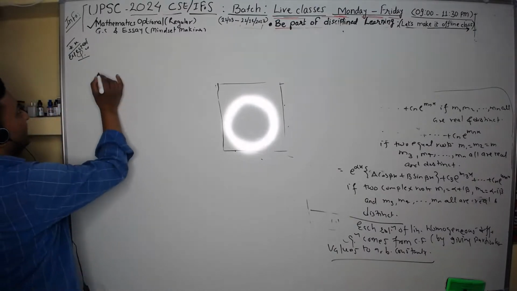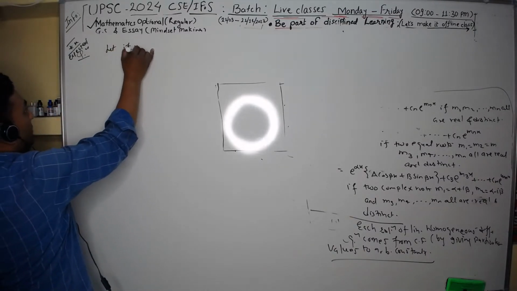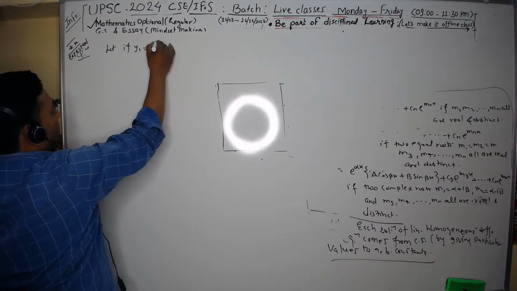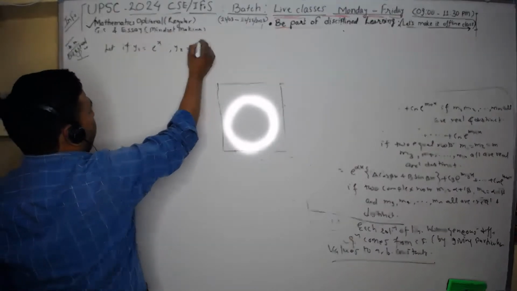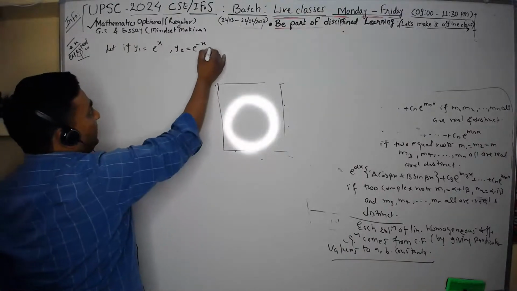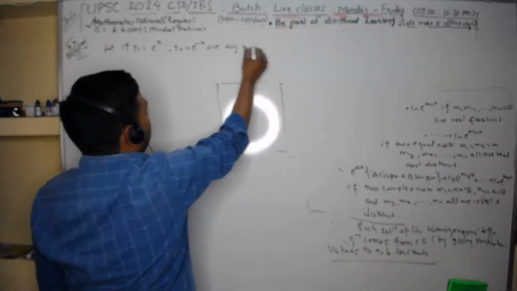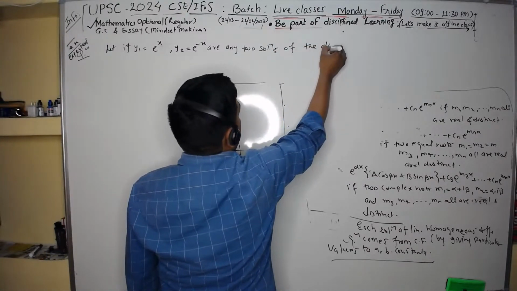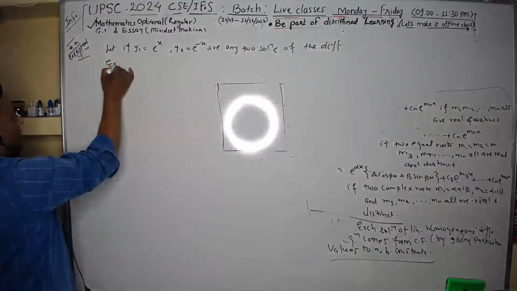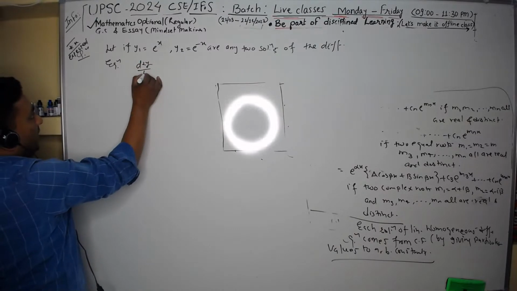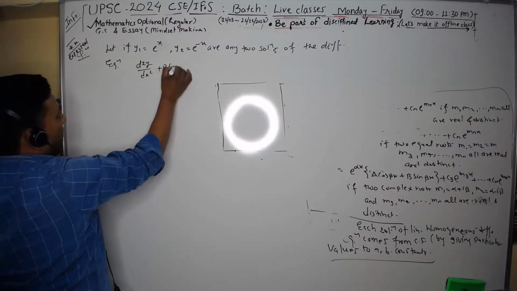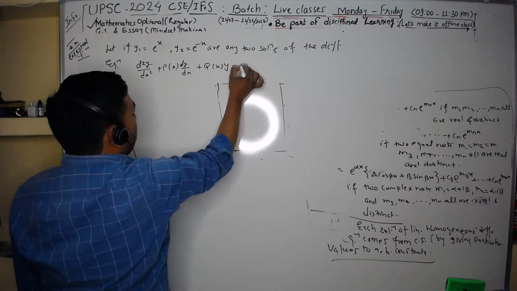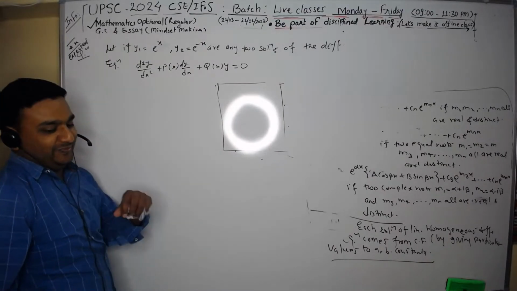Write down, please. Let y1 equals e raised to the power x, y2 equals e raised to the power minus x are any two solutions of the differential equation d2y over dx square plus p(x) dy over dx plus q(x) y equals to 0.